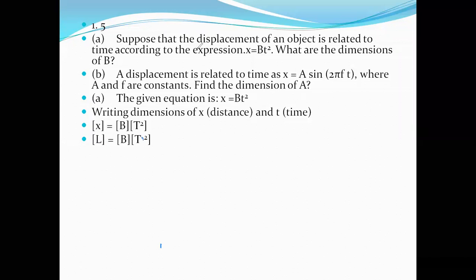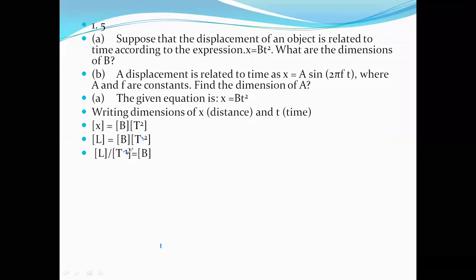Now, in this case, we have the values. Putting the values, the t will go to the other side, and we will get L over t square. So again over here we have t square.